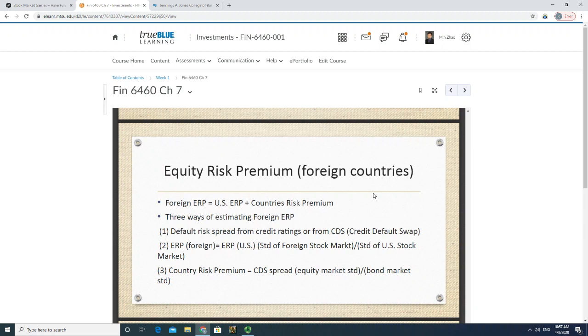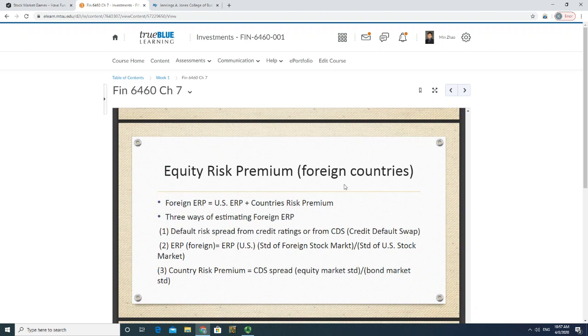And that number is really subject to your judgment based on market condition. You look at both investor risk preference and economic growth. And typically, if you expect that a bull market is coming, then you probably want to choose a lower equity risk premium because in a bull market, investor risk aversion tends to be lower and economic growth tends to be higher.